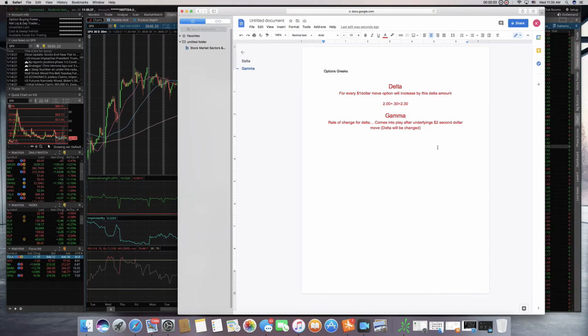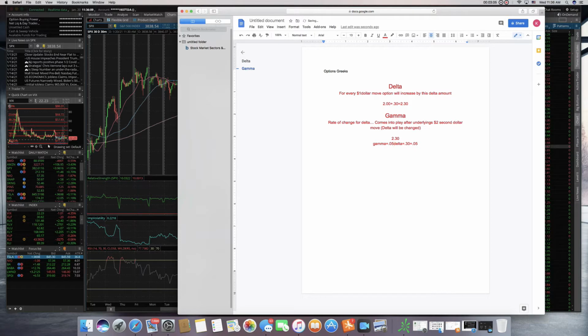So, for example, after that first dollar move, the option is $2.30, and let's say now you have a gamma of 0.05. The delta is going to be 0.30 plus 0.05.